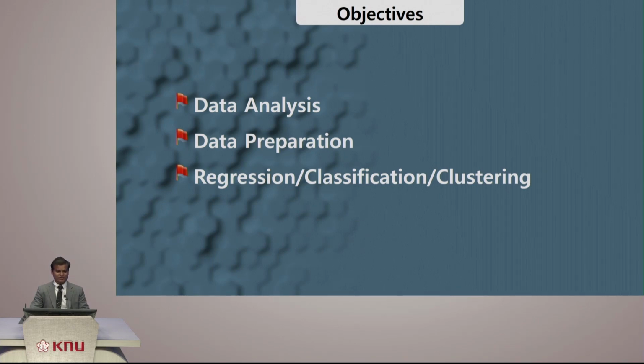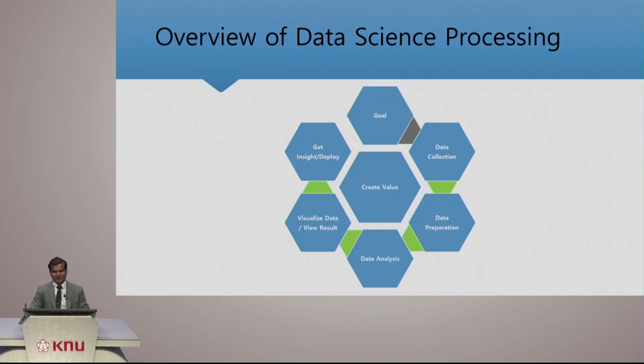Let's start with the first part. Here it is, the steps involved in data science processing. Initially, what we have to do is collect the data. Of course, you have a goal in your mind and then you collect your data from the sensors or different sources. The data collection itself is a huge process.